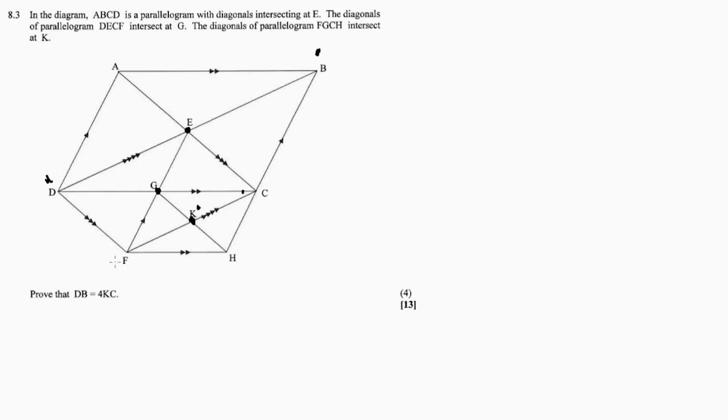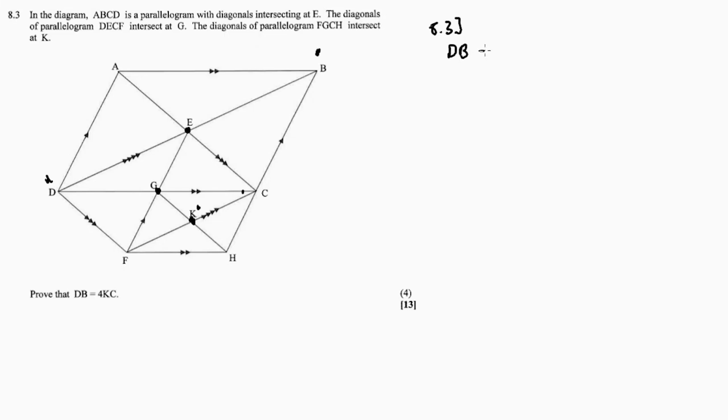Half of this diagonal. And in parallelograms, the diagonals bisect each other. Now, let's look at 8.3, starting with this big parallelogram. We know that diagonals in a parallelogram bisect each other.